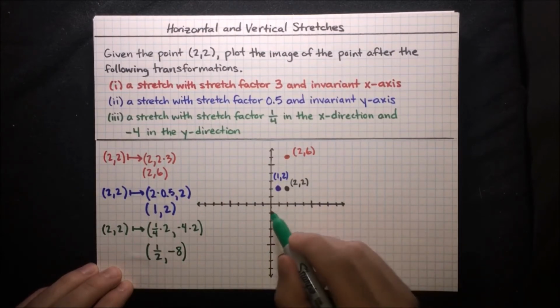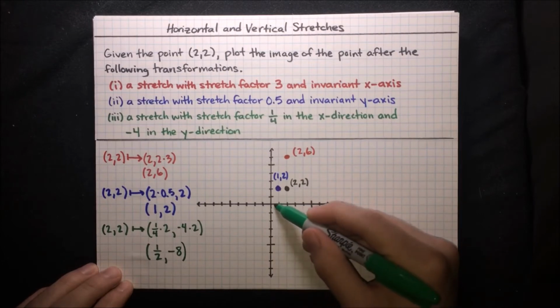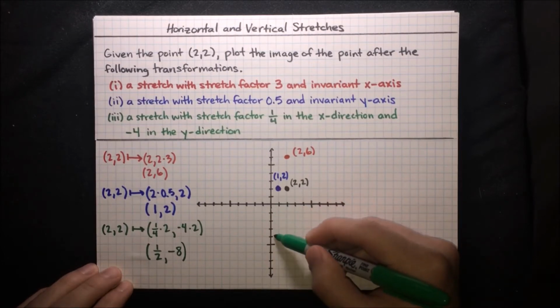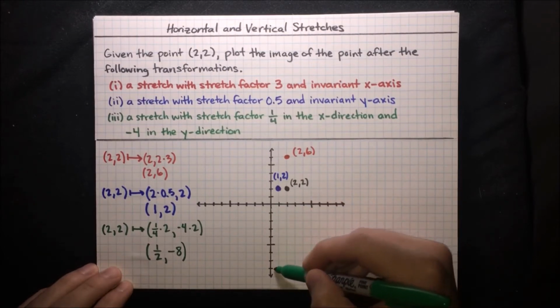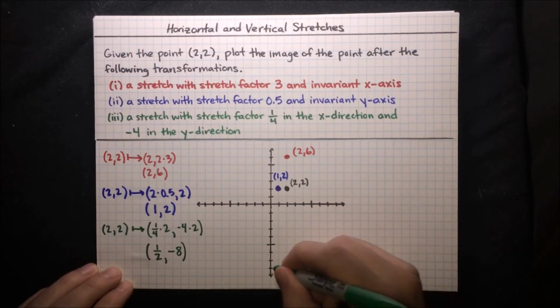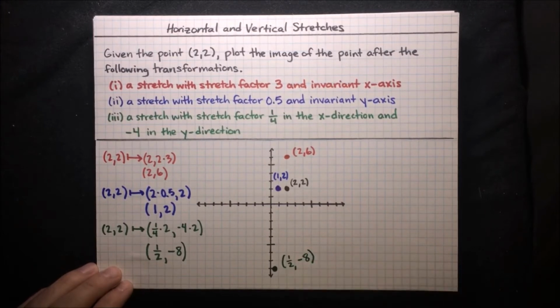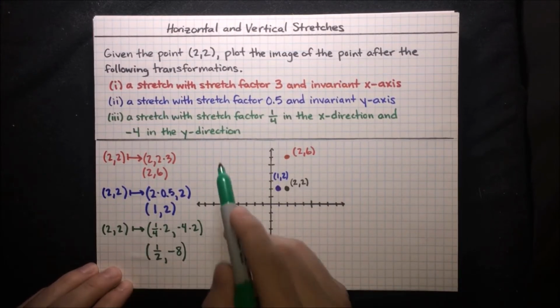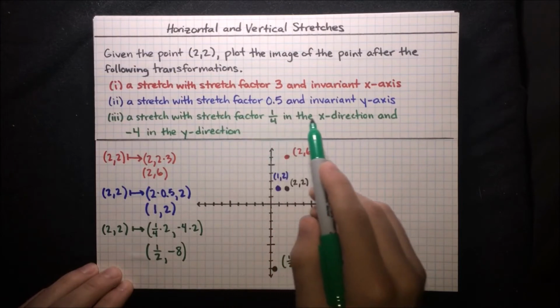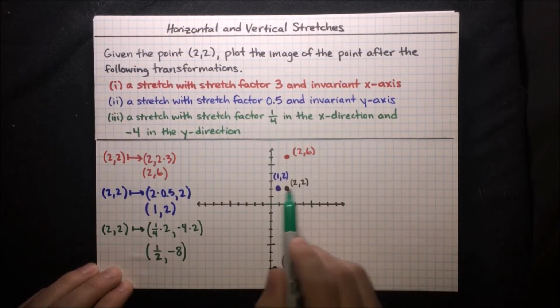Let's go find this point. So go over 1/2 and then down 1, 2, 3, 4, 5, 6, 7, 8 to -8. So there's our point, (1/2, -8). Let's check this intuition also. Stretch factor 1/4 in the x direction means the distance in the x direction should now be 1/4 of what it initially was.